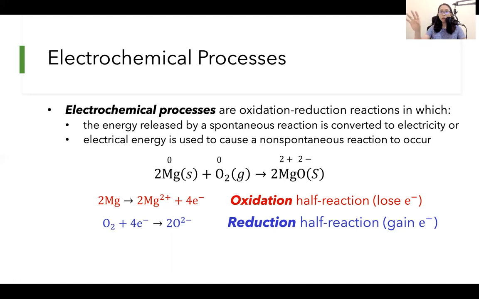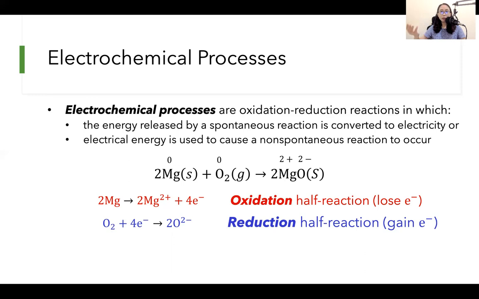An oxidation reaction cannot happen by itself. Likewise, a reduction reaction can only happen if there is a corresponding oxidation reaction. When we say oxidation, your reactant loses electrons.